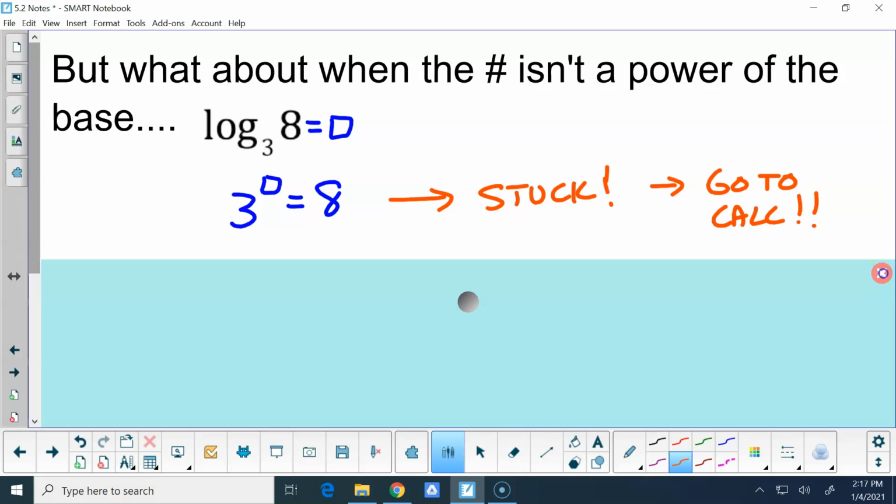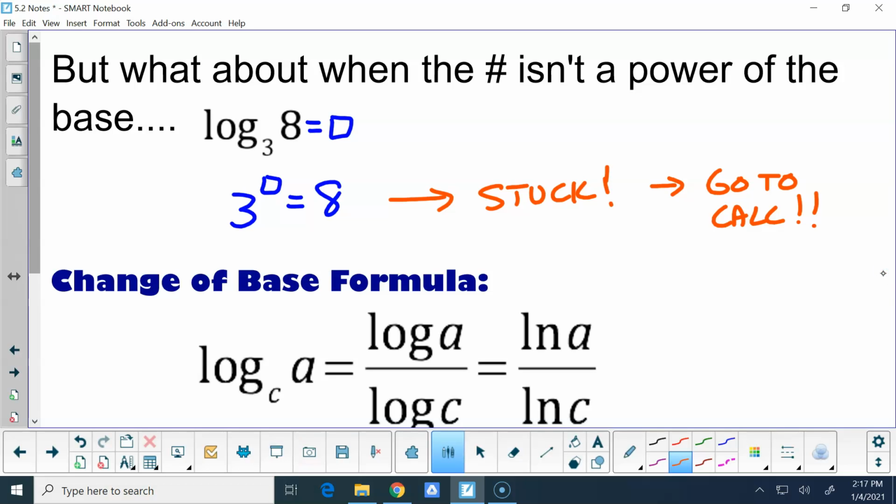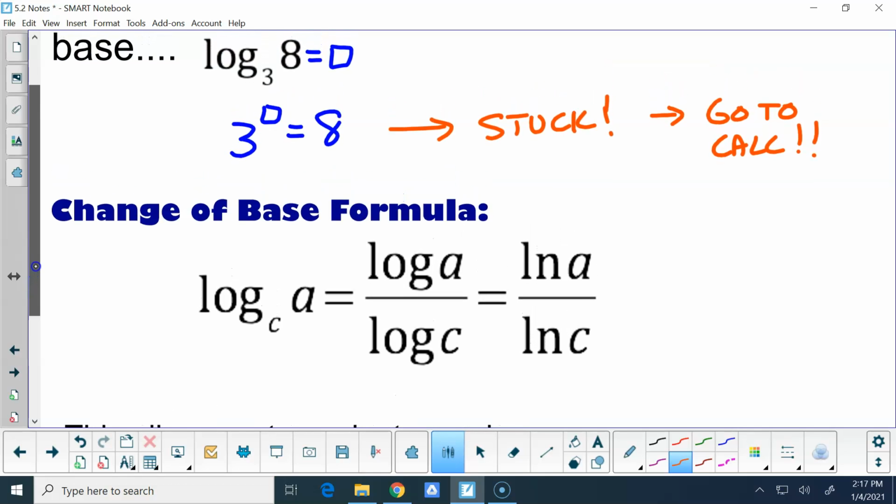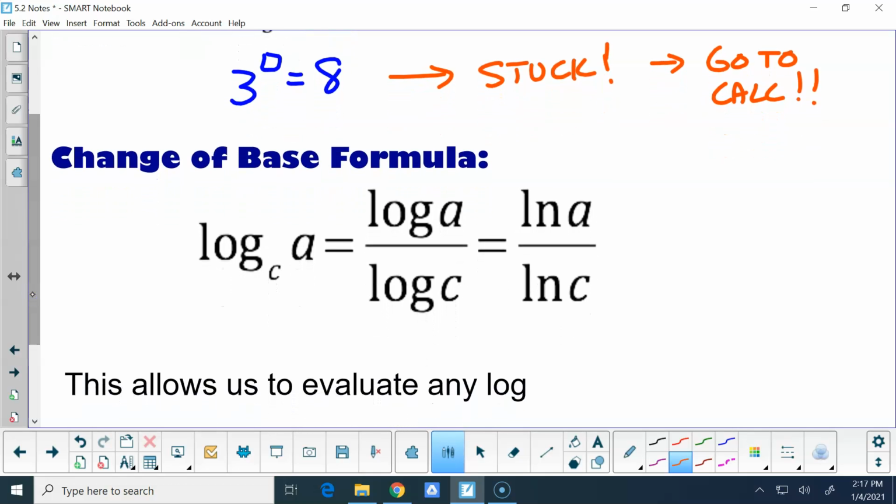And so what we're going to have to use is something called the change of base formula. Now this is something that will allow us to evaluate any log. So if we have log base C of A, to find the approximation of this, we take the log of the argument and we divide it by the log of the base.